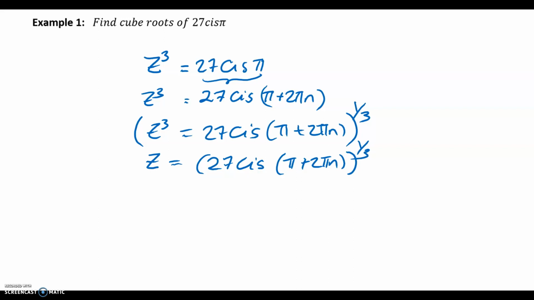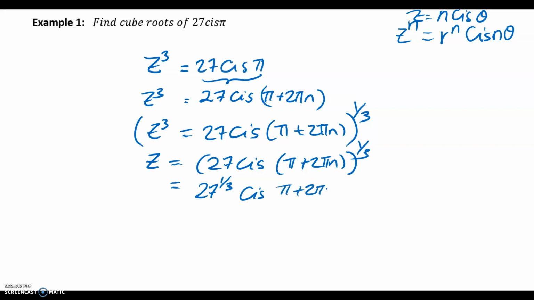Remember, De Moivre's theorem says z to the power of n is r to the n cis n theta if z is r cis theta. Here, if we just apply the same thing, our n in this situation is a third. So applying De Moivre's theorem, you've got 27 to the power of a third cis of pi plus 2 pi n times a third. Now this is our general solution.